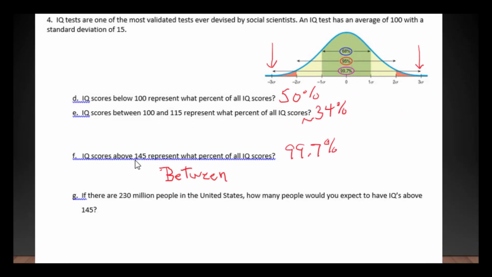So we're going to look at the percentage of scores above 145, which is 3 standard deviations above the average. Now recall that 99.7% of all data lies between 3 standard deviations. That's a key word, between, right?